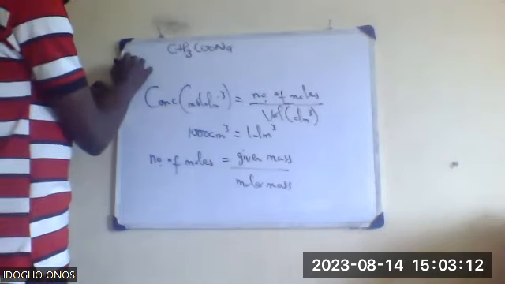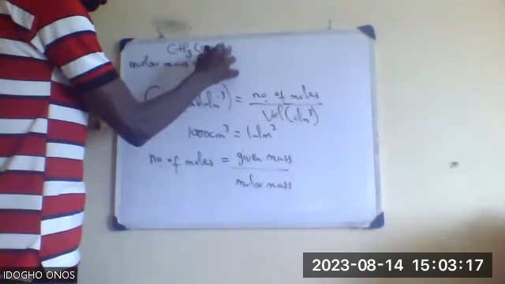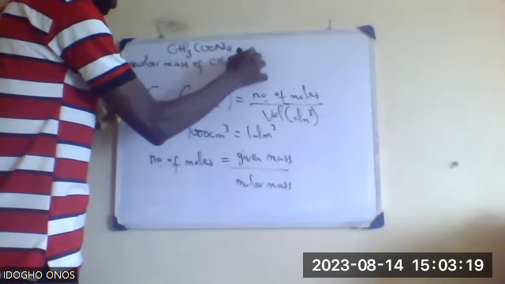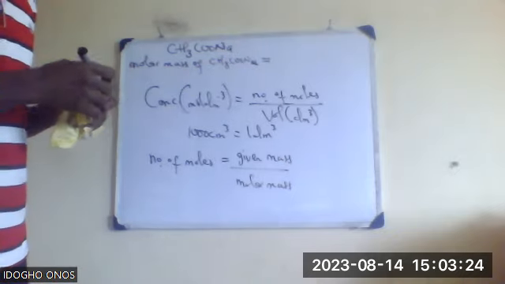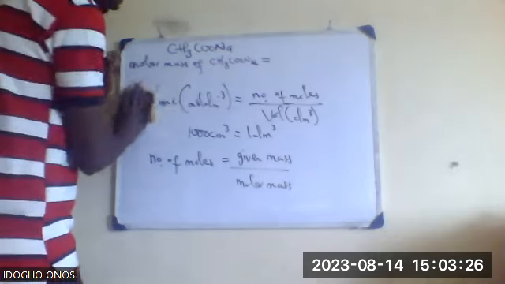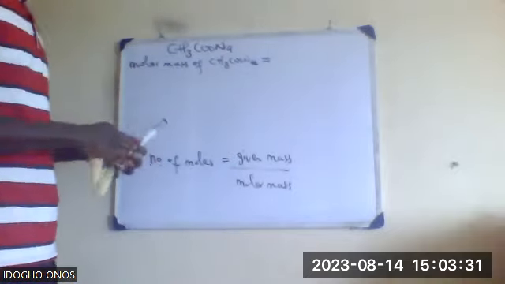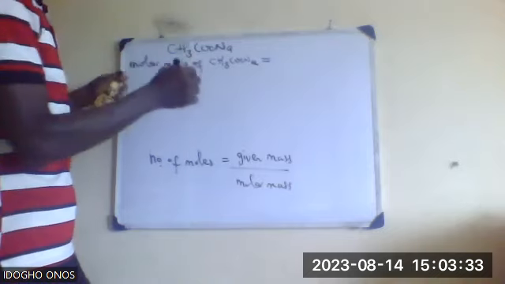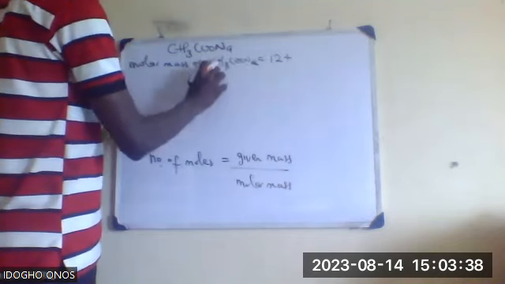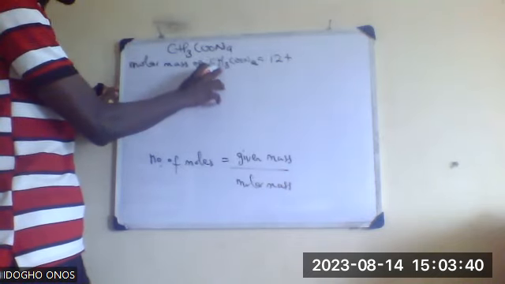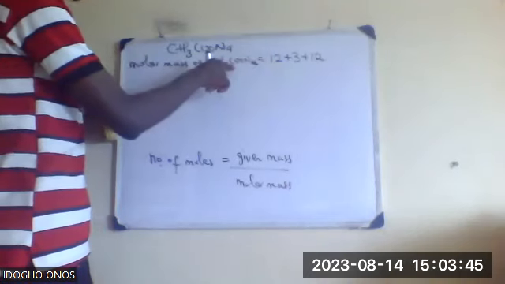So I'm going to do this now. Molar mass of CH3COONa equals to, what is the relative atomic mass for carbon? Carbon, 12. Yeah, thank you. Carbon is always 12, so that would be 12 plus hydrogen is always 1, but we have 3 atoms here. 1 times 3 will give me 3, plus 12 again, which is this carbon.